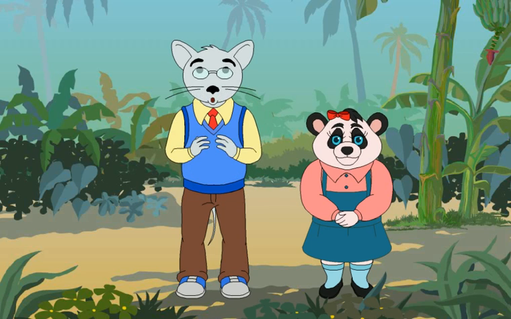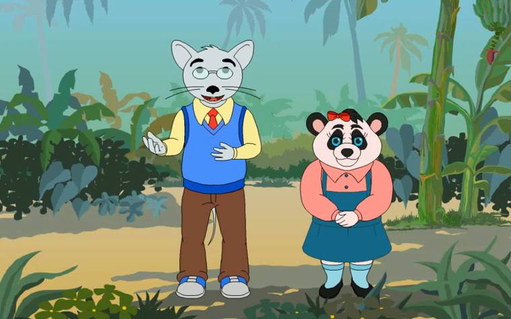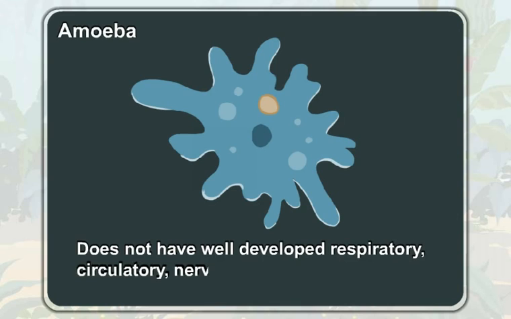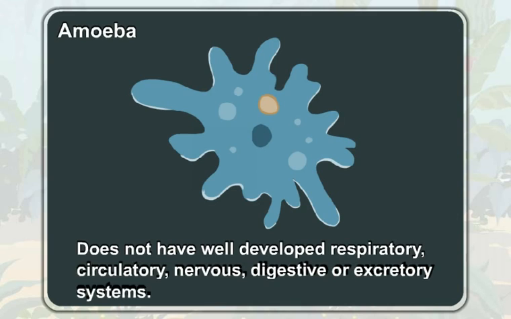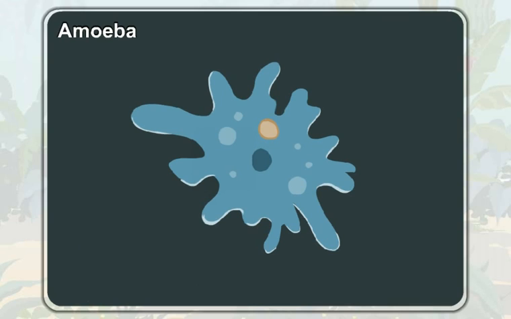Students, you all know that an amoeba is a unicellular animal. It does not have well-developed respiratory, circulatory, nervous, digestive or excretory systems. So, an amoeba is not a higher animal.